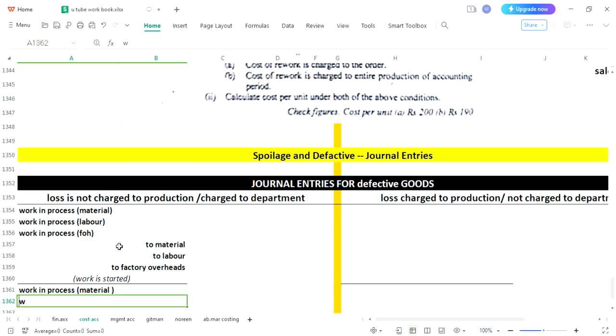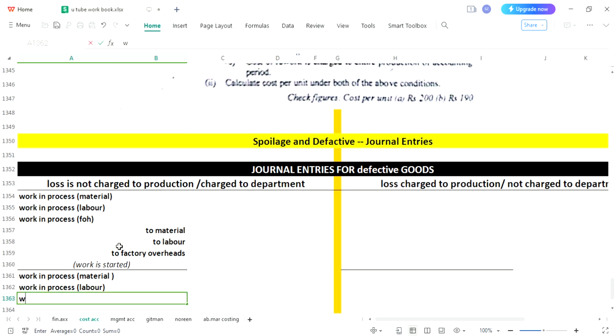Then you will be applying your labor upon those damaged products. And finally, you put some work in process in terms of FOH upon damaged goods.